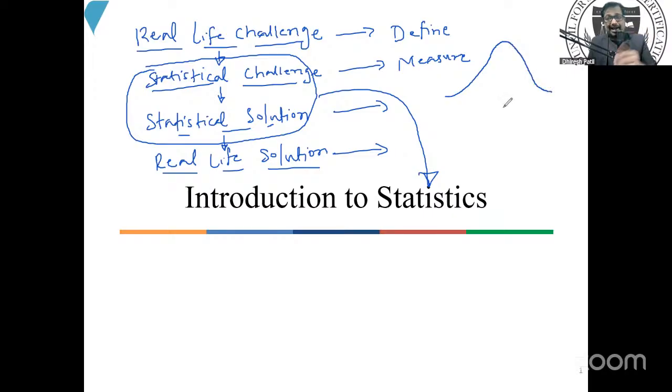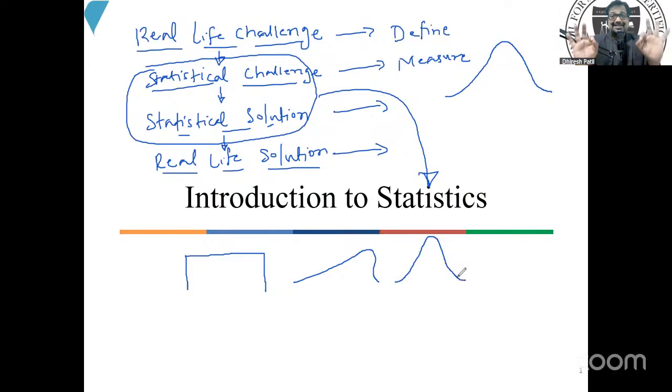Before that, you might get a uniform distribution like this, or a skewed distribution like this. To get the proper shape of a normal distribution, you require at least 30 data points. That is the statistical thumb rule. That's why a lot of people gave me the answer of 30.